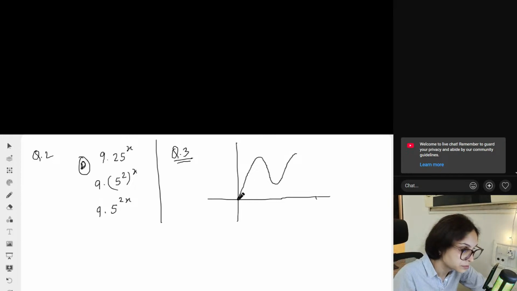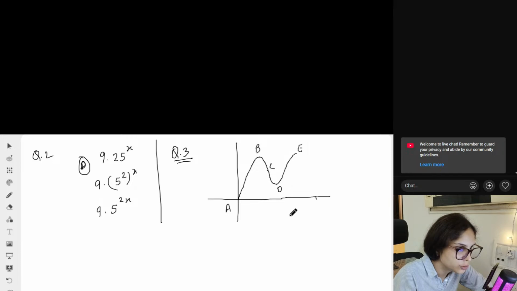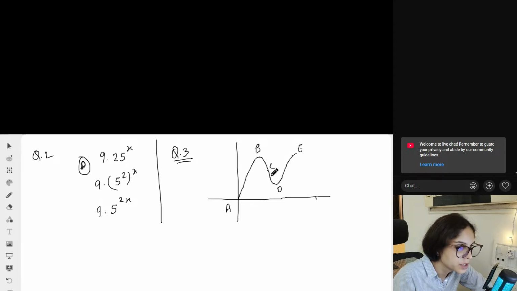Sorry. And the points are, this is A, this is B, over here is C, you have D over here, and E over here. Okay. So now C to E, you can see it's concave up. So A to C, it is concave down.